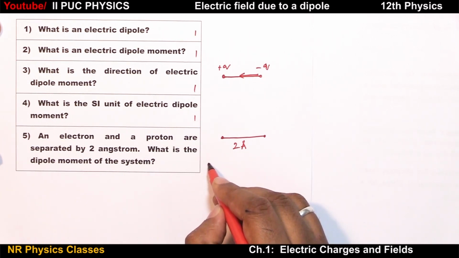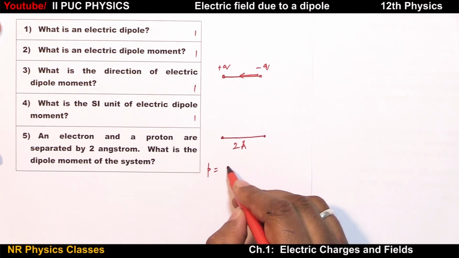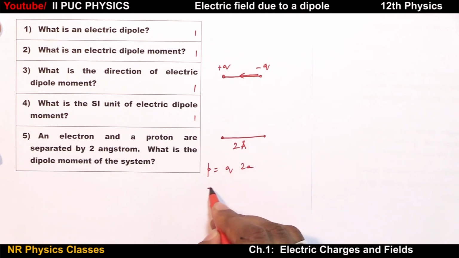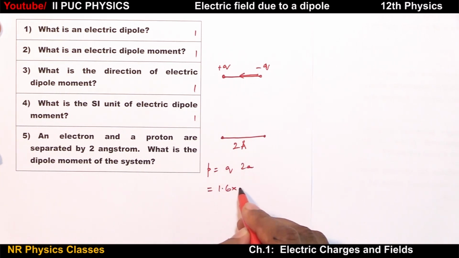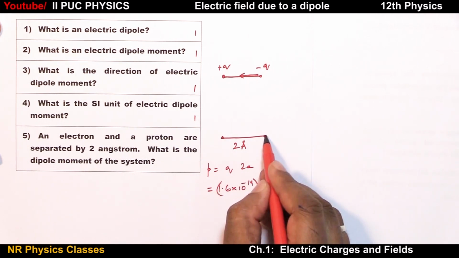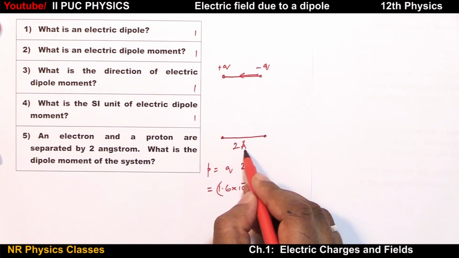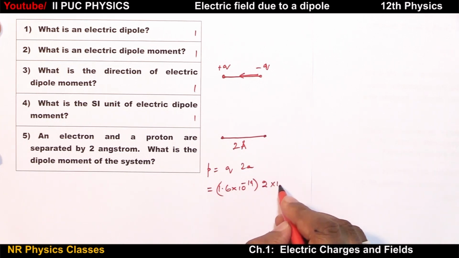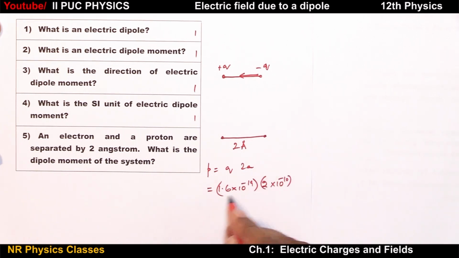Therefore, dipole moment equals q into 2a. Q is 1.6 into 10 power minus 19, into distance between the charges 2a, 2 angstrom, 2 into 10 power minus 10 meter. Simplify. Unit is coulomb meter.